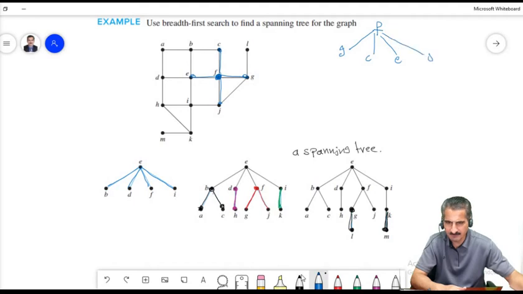Okay, now let's go to G. G is connected to L, so we'll take it connected to L, and we will not take this because we will make a circuit. Okay, now let's go to C. C goes to B.